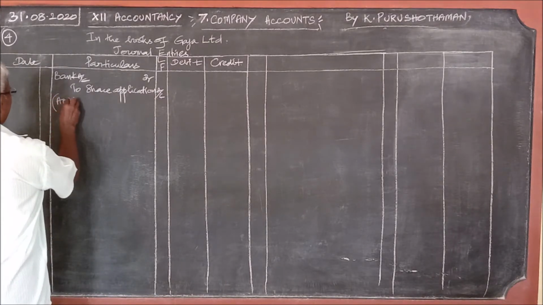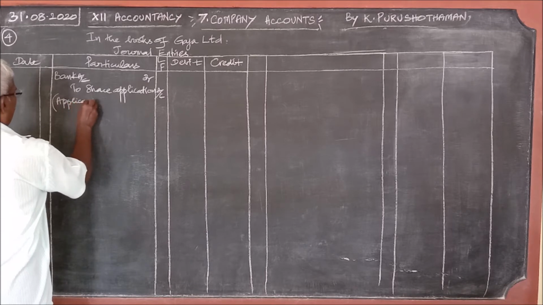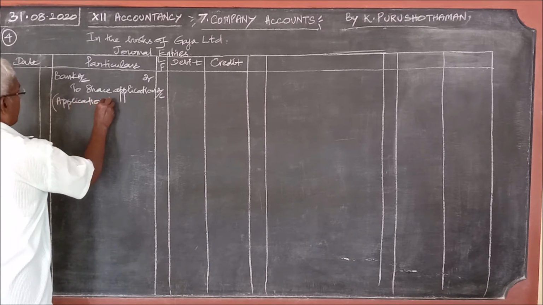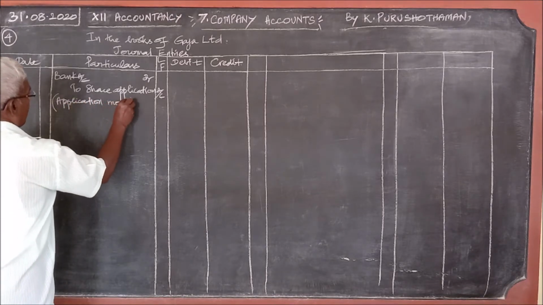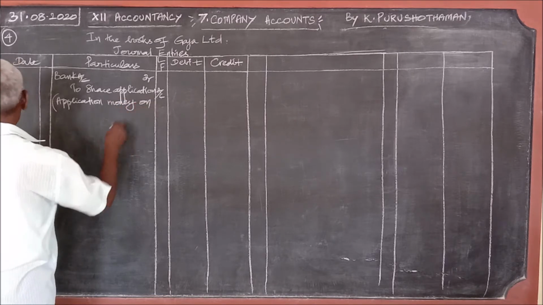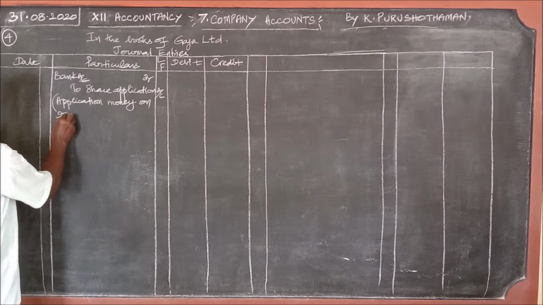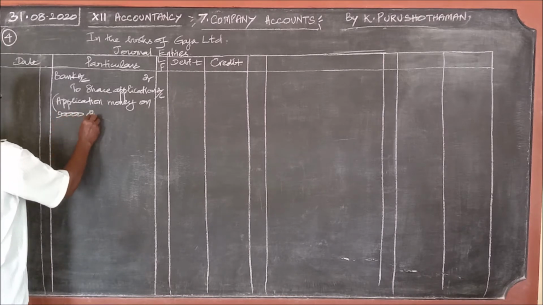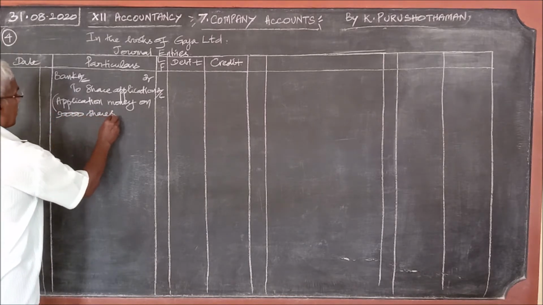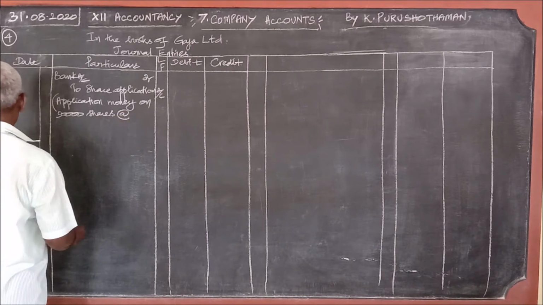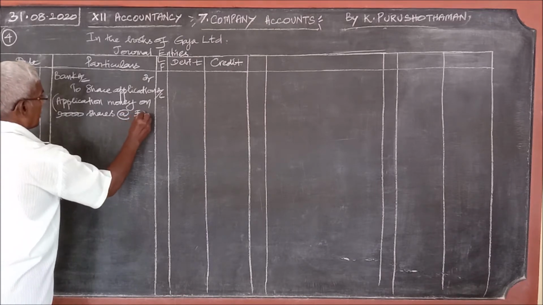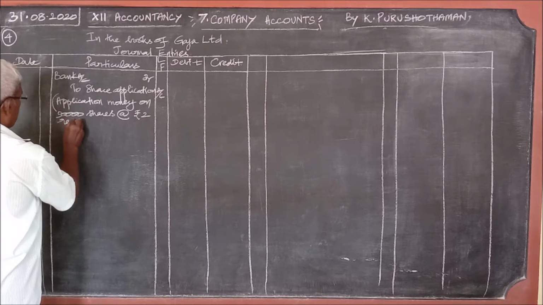Narration: application money on 50,000 shares at the rate of rupees 2 received.